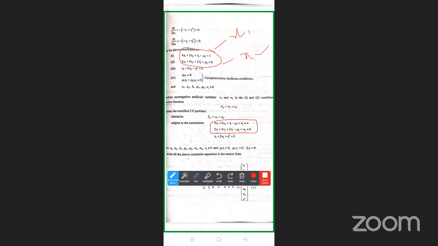So this is differentiation with respect to lambda 1. So these are the three constraints for the new objective function. Is that clear? So introduce non-negative artificial variables W1, W2 in equations 1 and 2 and conditions.